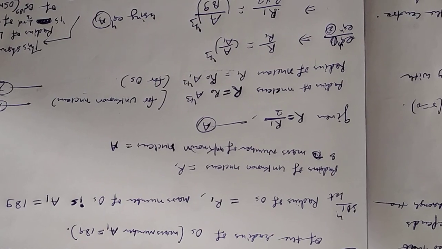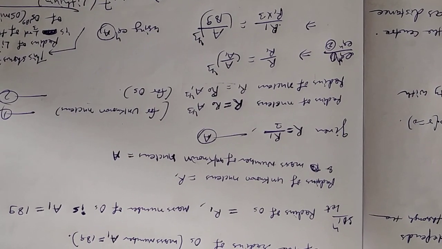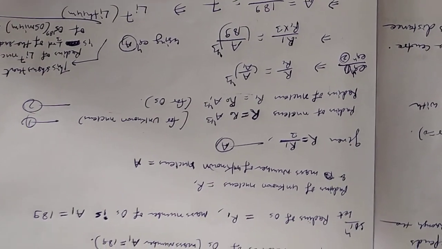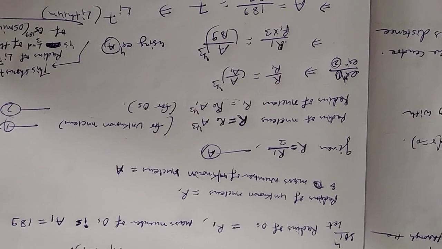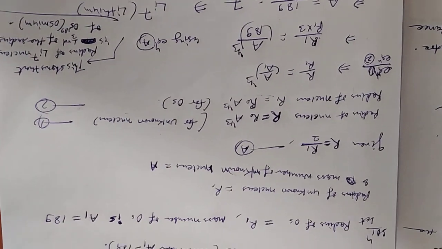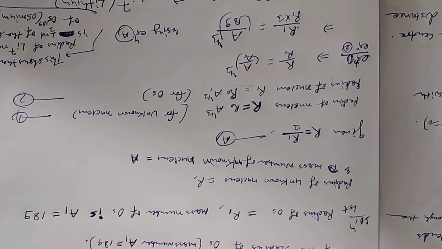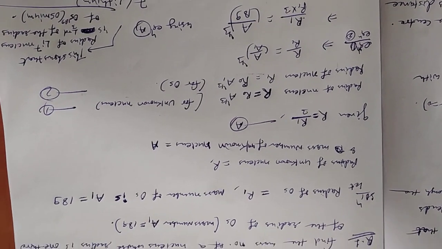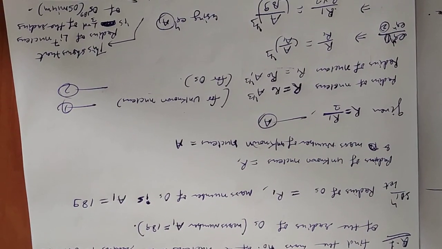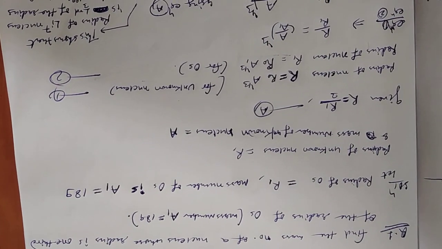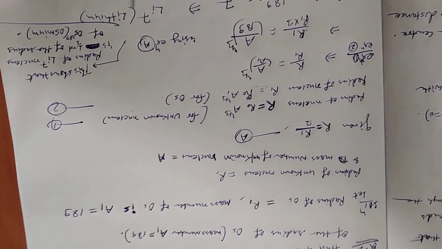So finally we write this and we get A equals 7, which means a nucleus with mass number 7, and this is lithium. So the radius of the lithium nucleus is 1/3 of the radius of the osmium nucleus. Thank you.